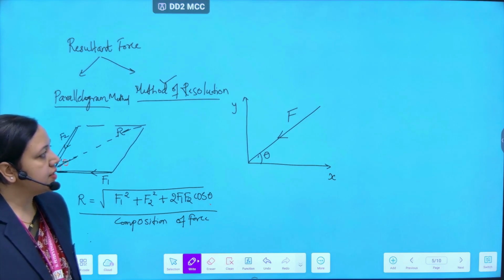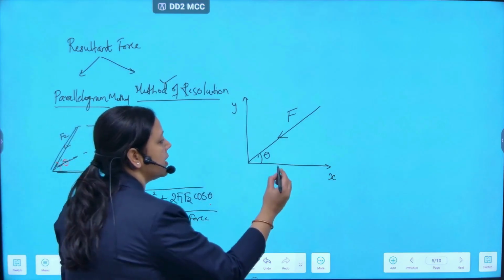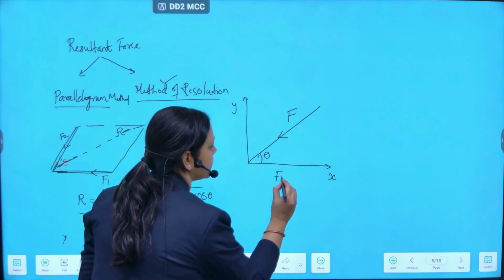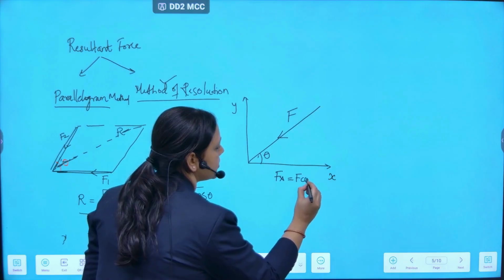In such a case, this force will be resolved along the x-axis as Fx, and Fx is given as F cos theta.